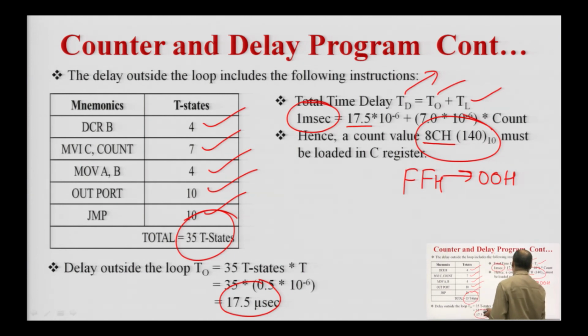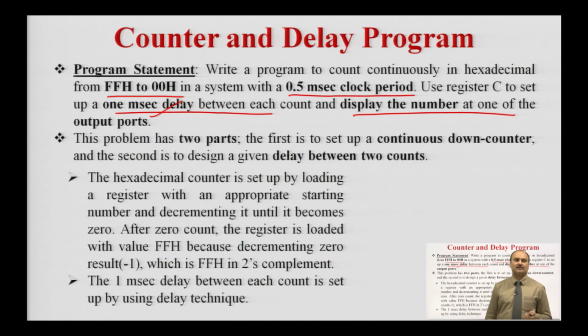The 1 millisecond can be generated by obtaining the value of C register, that is 8CH. So, this is an example of a program to generate a delay of 1 millisecond, and it will count the value from FFH to 00H when the system has a 0.5 microsecond clock period.